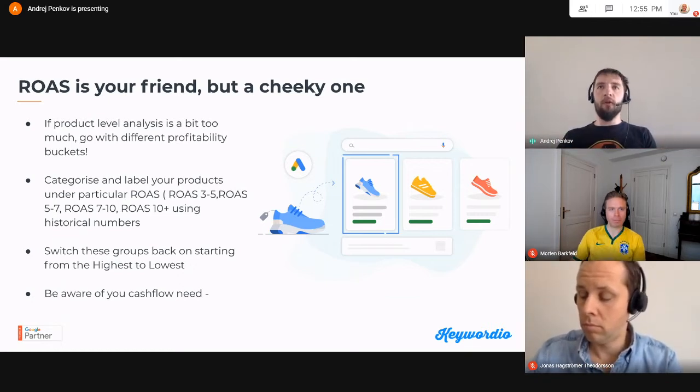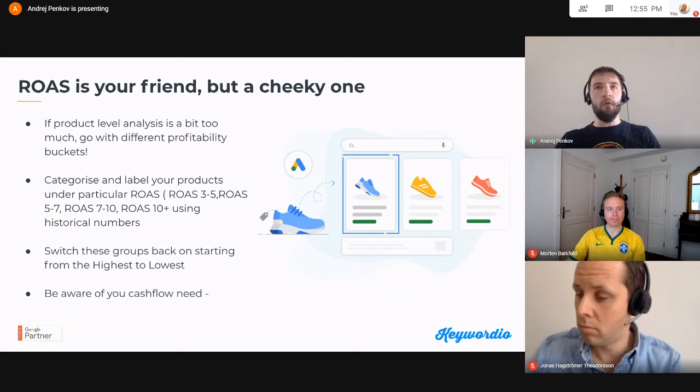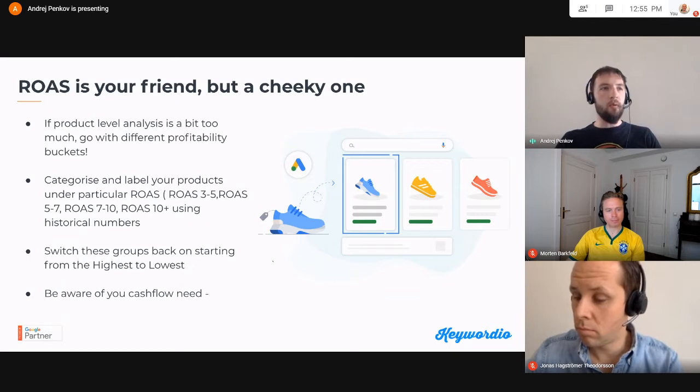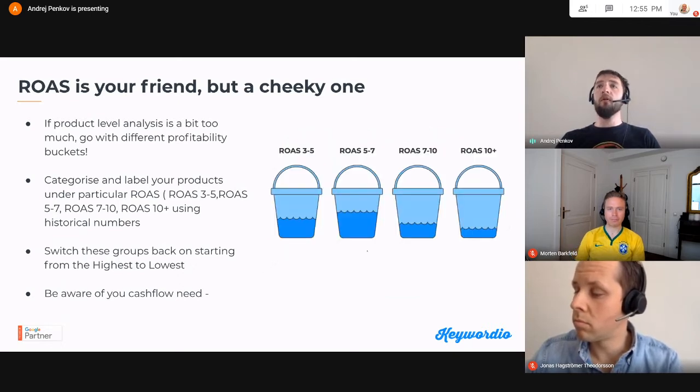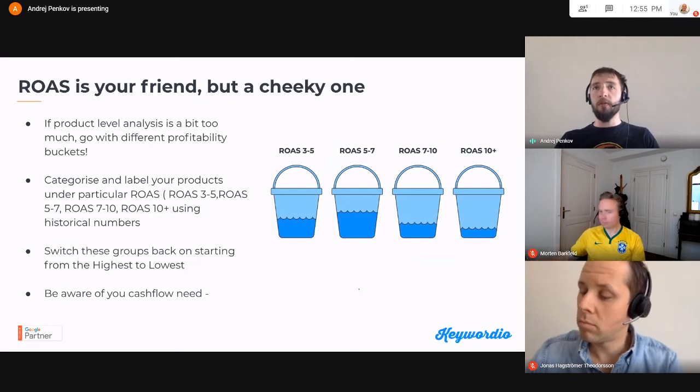Perfectly fine, perfectly logical, but it has to be working for you too. And one of the fallbacks that we see fairly often is that people don't estimate the impact on the revenue that they're going to have if they just stick to this. So let's go to our buckets example.